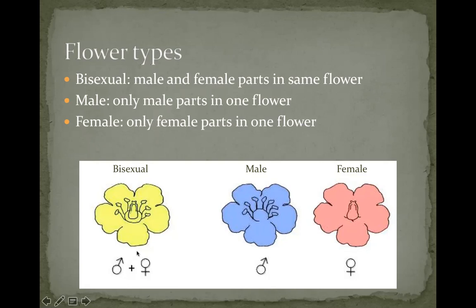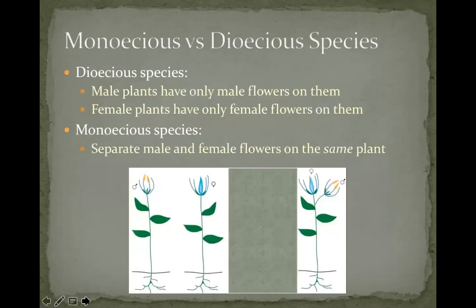So when you use the terms bisexual, male, or female, that is typically referring to the flower type, versus if you're talking monoecious or dioecious, you are referring to the species as a whole. So dioecious species will have male plants with only male flowers on them, and female plants with only female flowers on them.